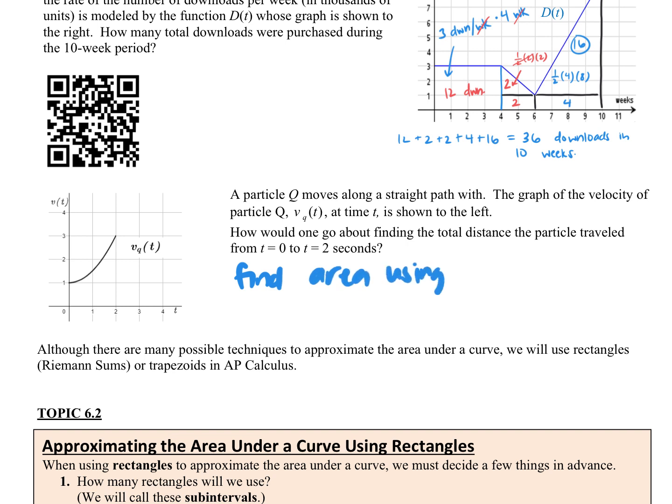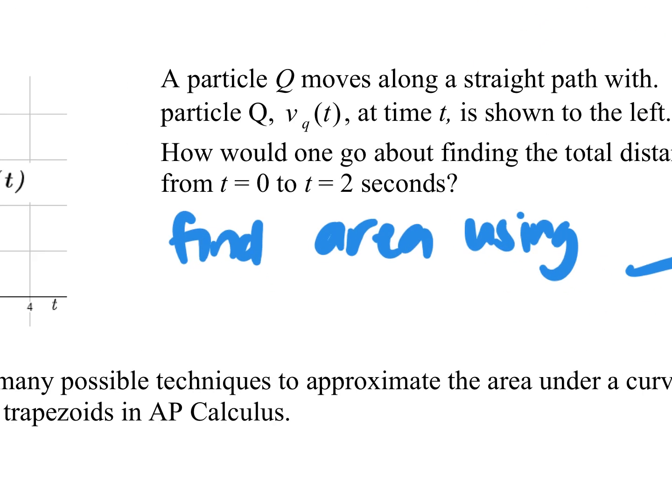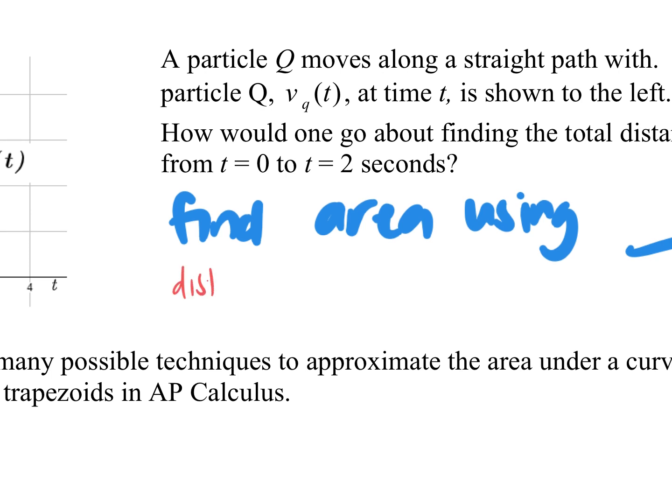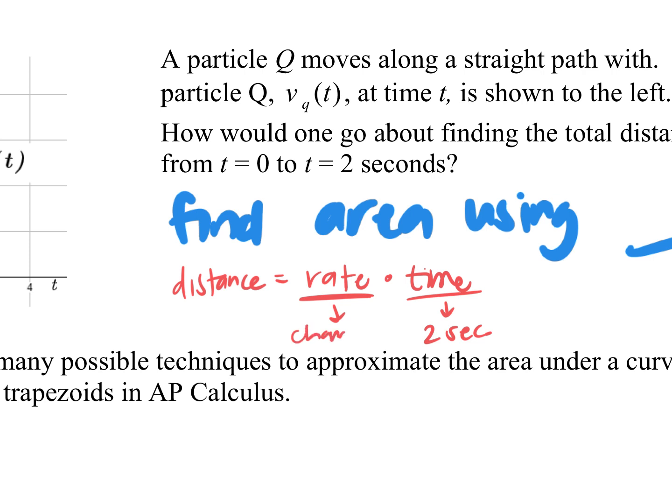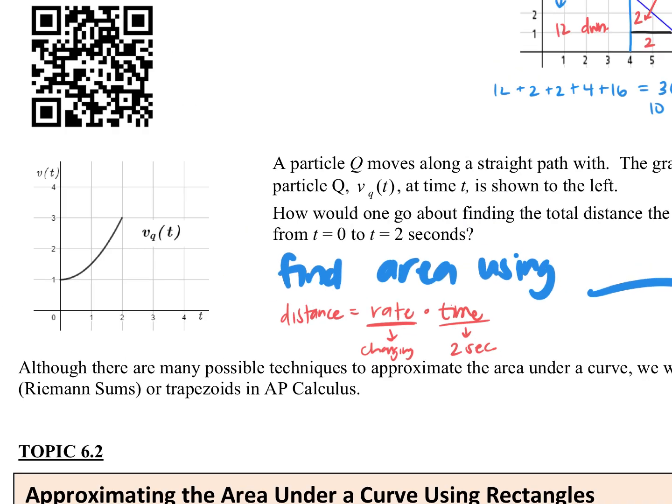Because we know that distance is rate times time, and the time is 2 seconds. But I don't know what my rate is. My rate is actually changing because it's a curve, and it's not horizontal. We don't know exactly what that is.